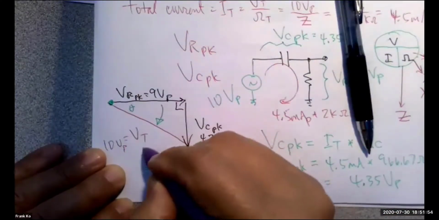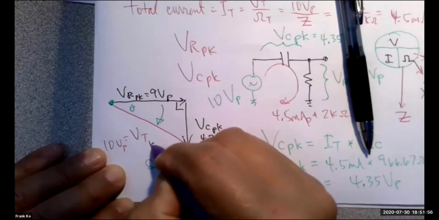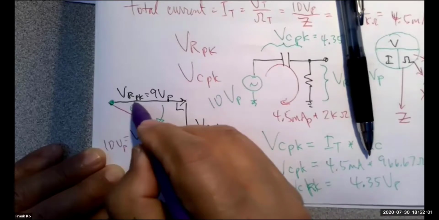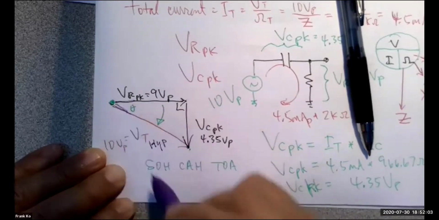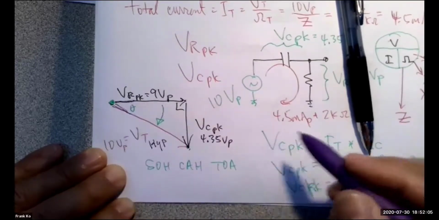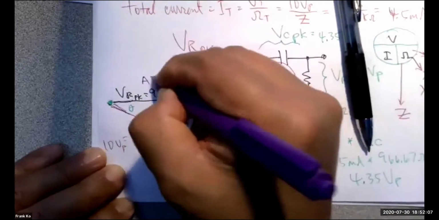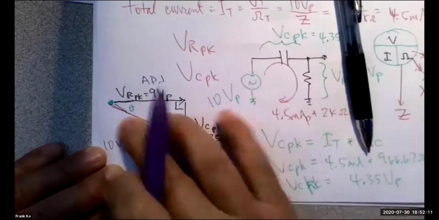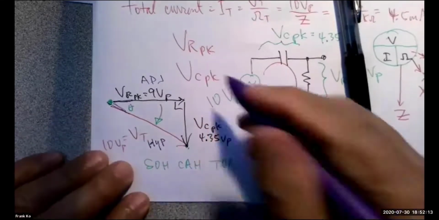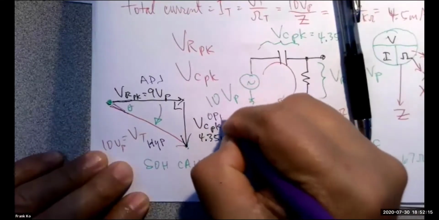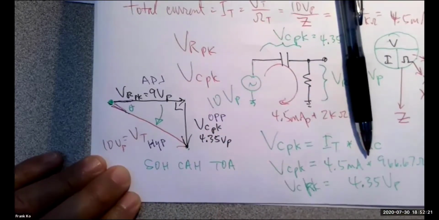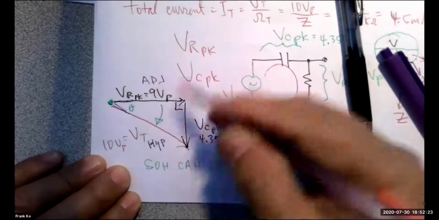The longest side is always going to be the hypotenuse, so that is my HYP. The other side that forms the angle is going to be my adjacent, so ADJ. And this side of the triangle that is way over on the other side from theta will be called what? Opposite.